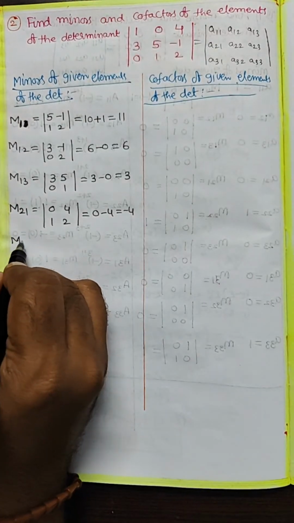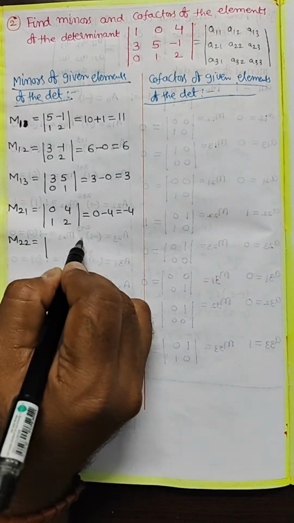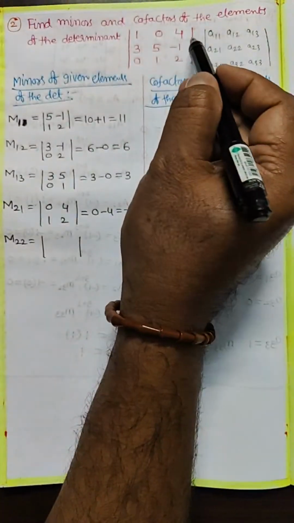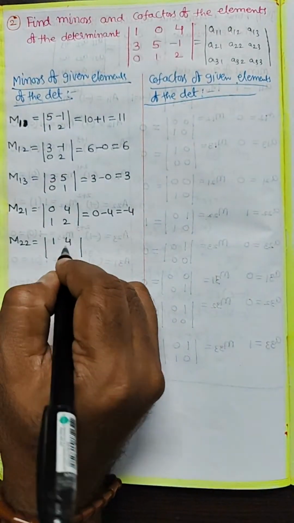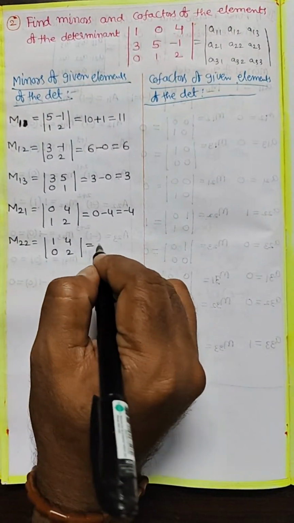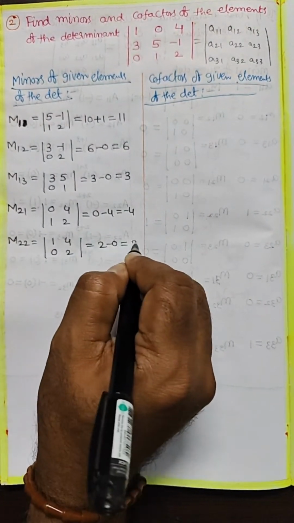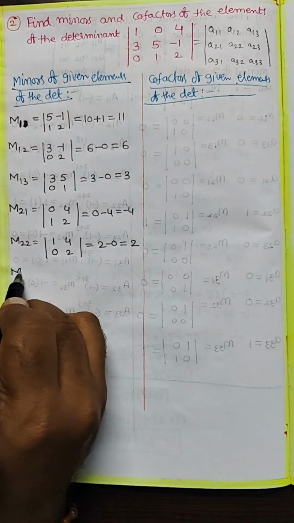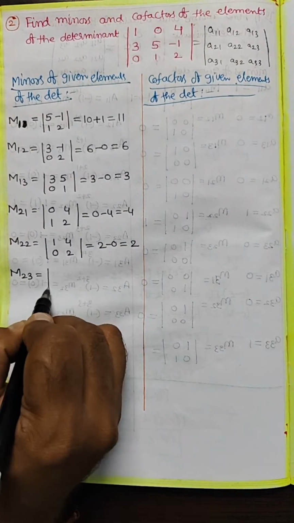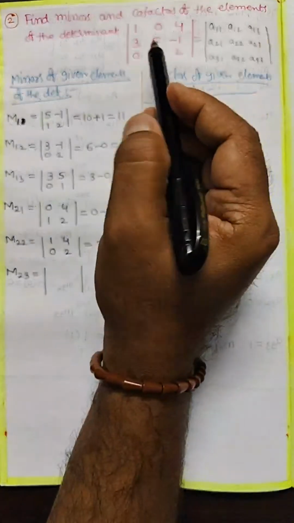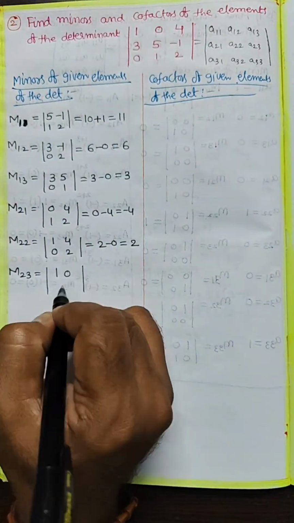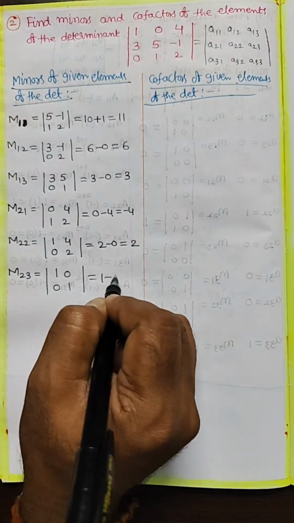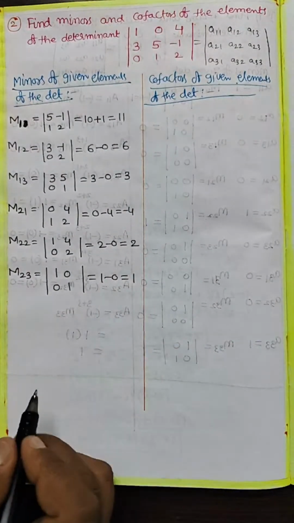Next M22, second row, second column, 1 4, 0 2, which is equal to 2 minus 0, which is equal to 2. M23 means second row, third column, 1 0, 0 1, which is equal to 1 minus 0, which is equal to 1.